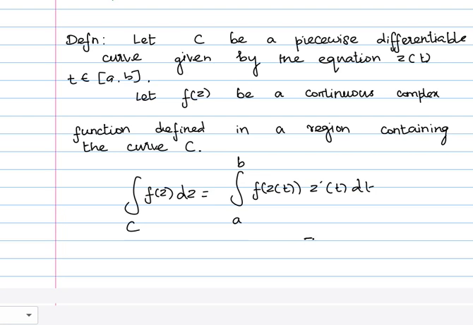Here z of t is the equation of the curve C. Now we see a few examples, which will help you understand clearly.